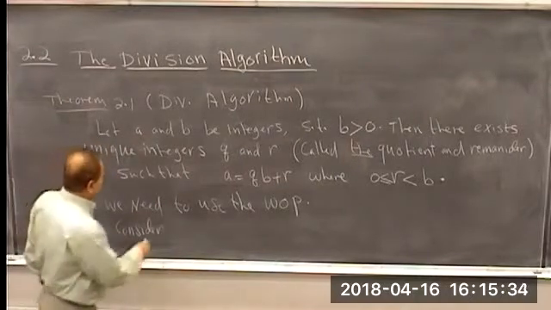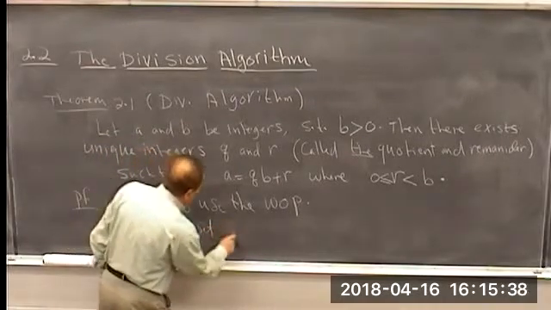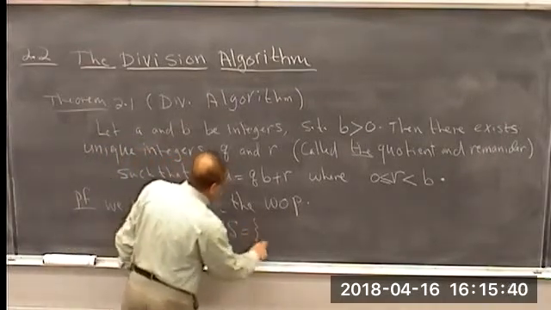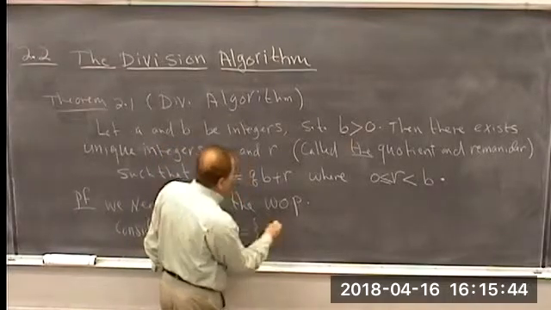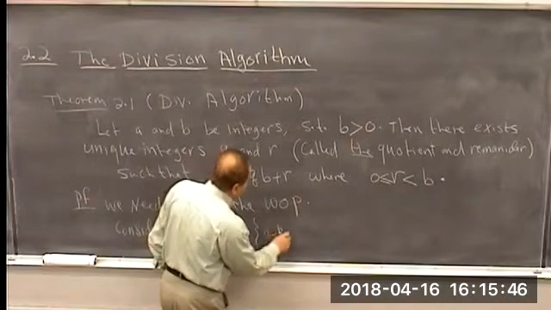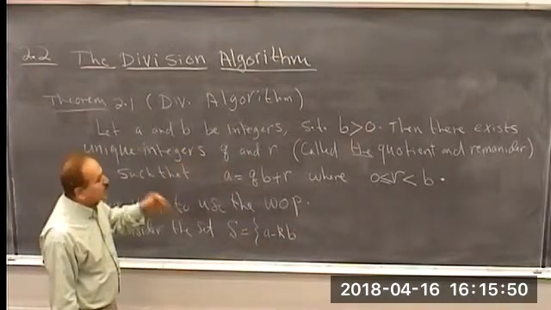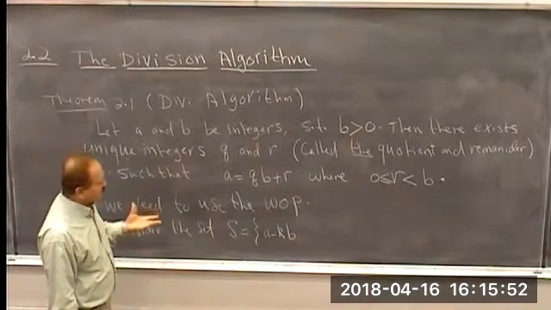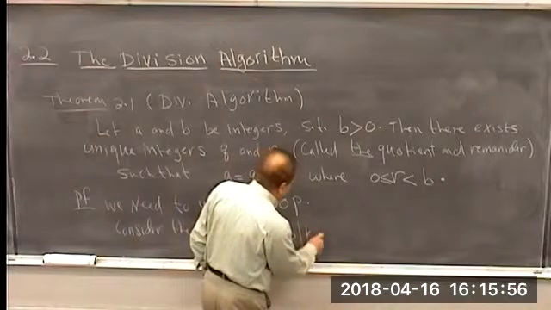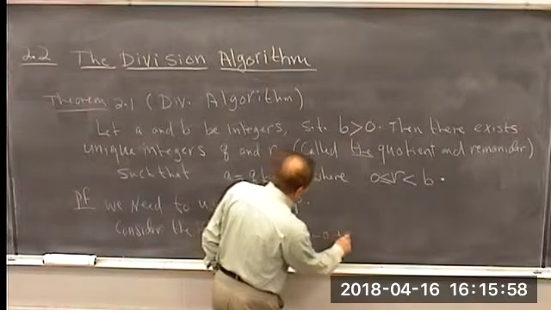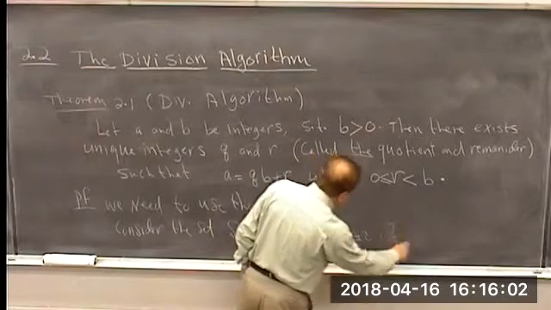So we're going to consider the set S, which consists of A minus multiples of B, KB. I cannot say Q because we don't have the Q yet. Such that K is equal to 0, plus or minus 1, plus or minus 2, and so on.